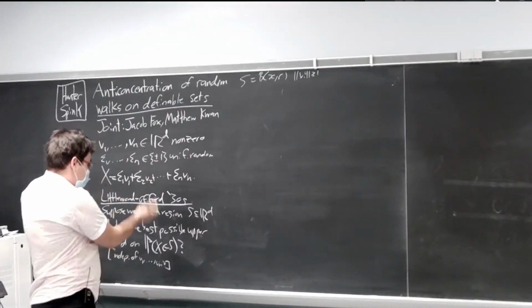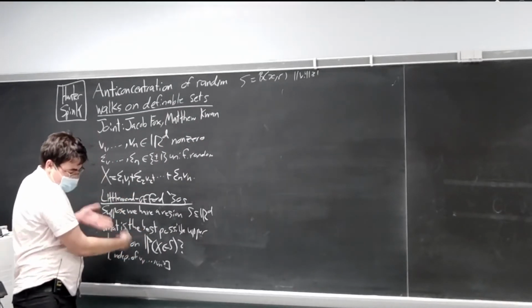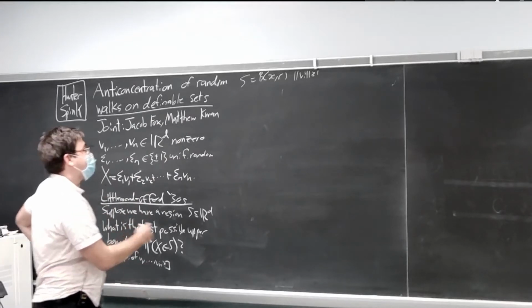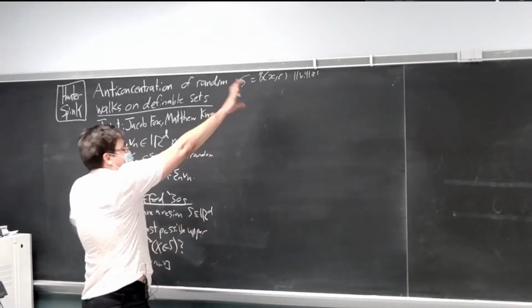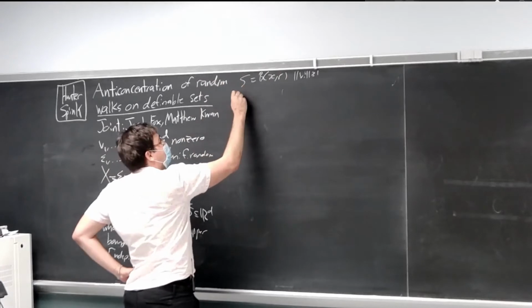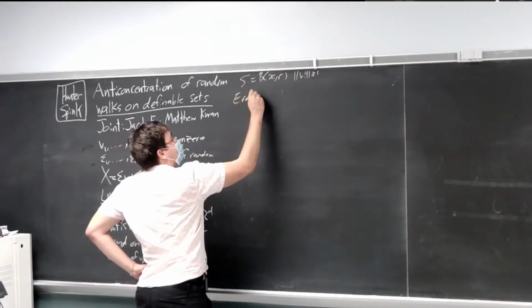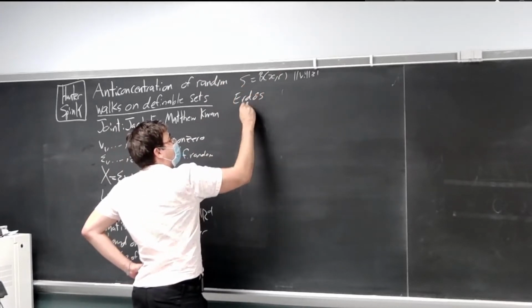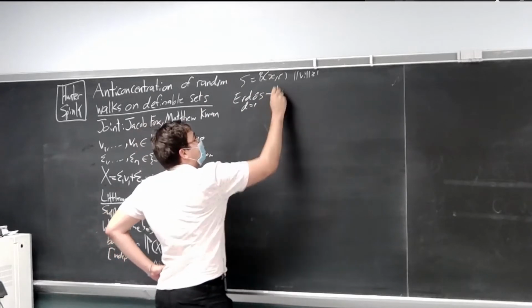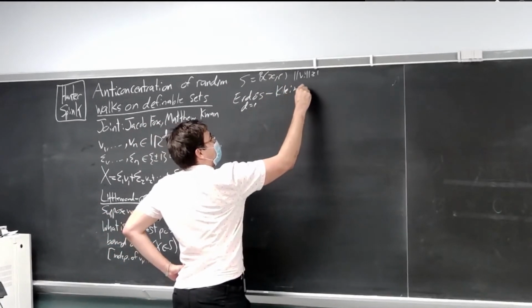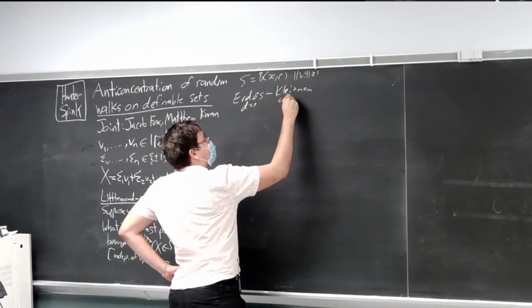Since Littlewood and Offord asked this question in some form in the 30s, people got better and better bounds in this particular setup. First, Erdős got the best upper bound when d is 1. Then Kleitman found the best upper bound for arbitrary d.